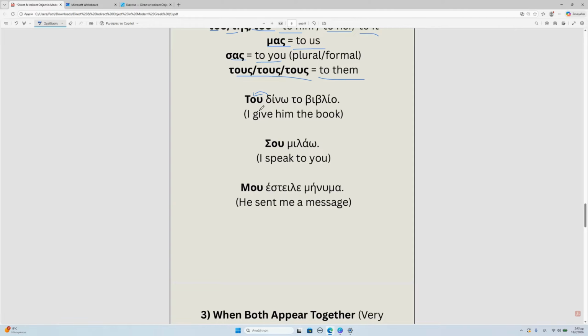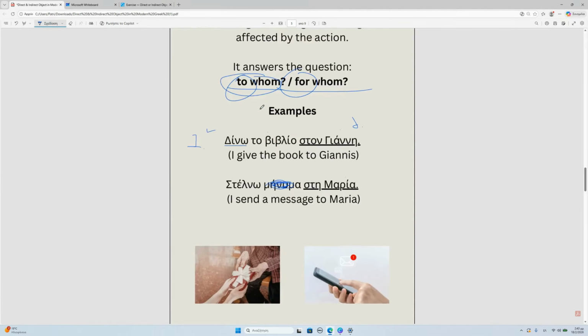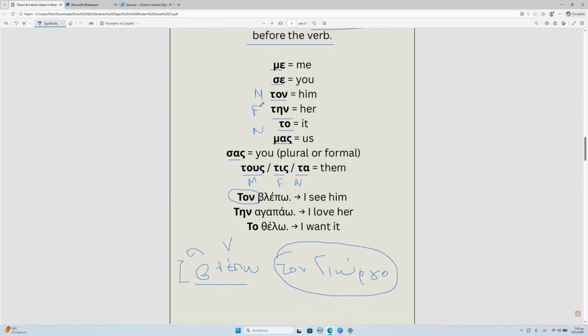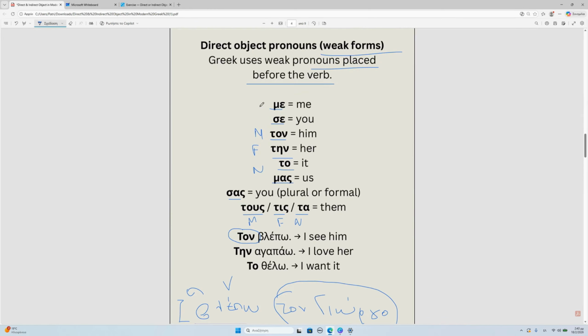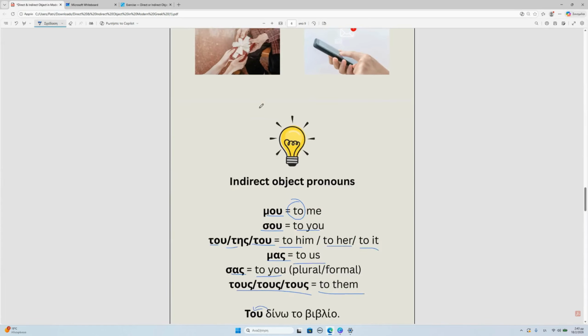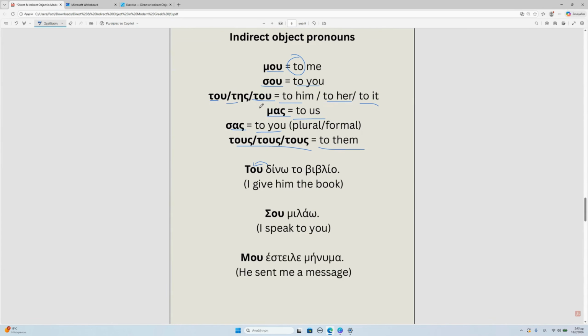Of course, now you are asking, but Marius, earlier you said we also put the direct object before the verb. Yes, that is correct, we can put them both before, but we will see that in a minute. Stay with me. For now, we will say that it also goes before the verb. So, του δίνω το βιβλίο.